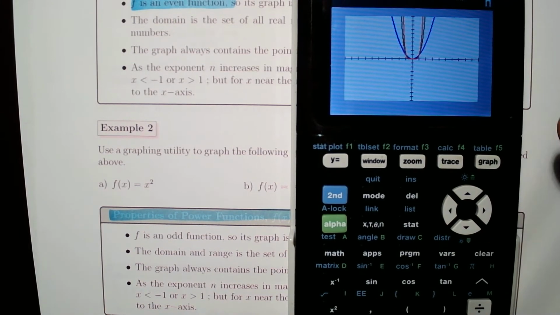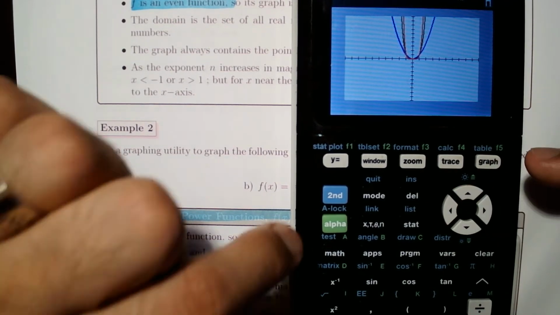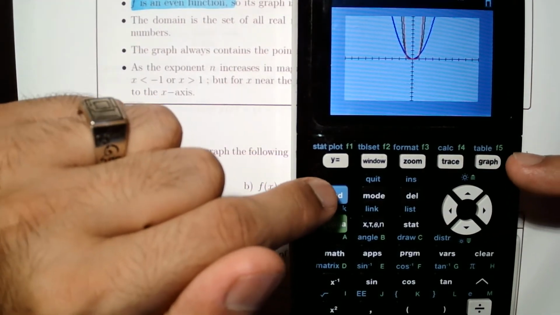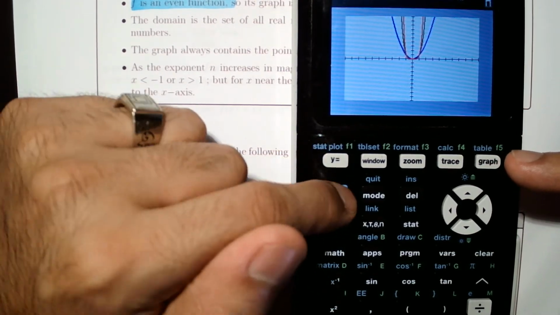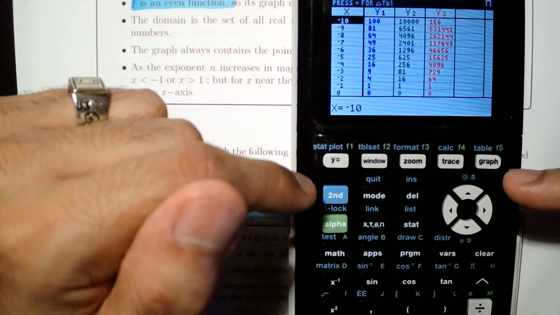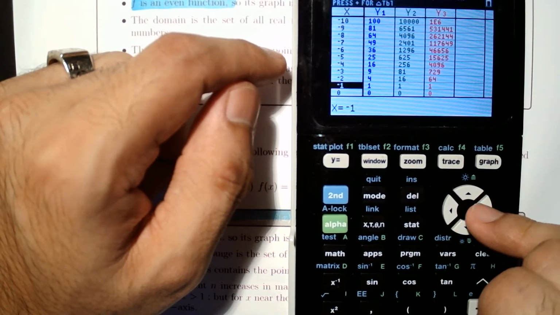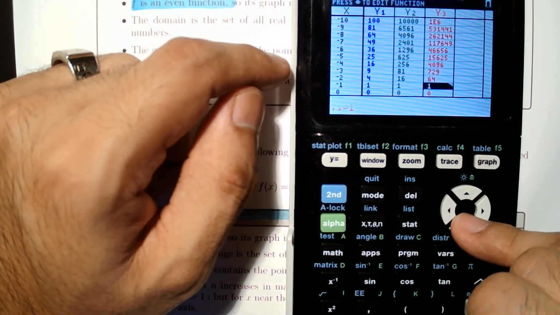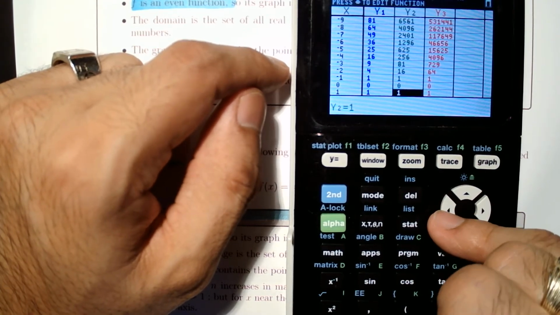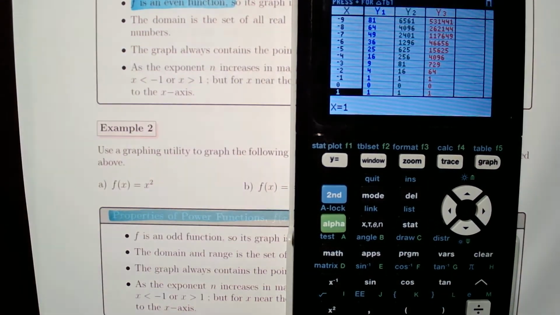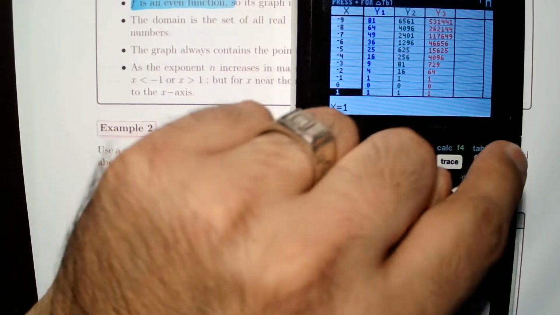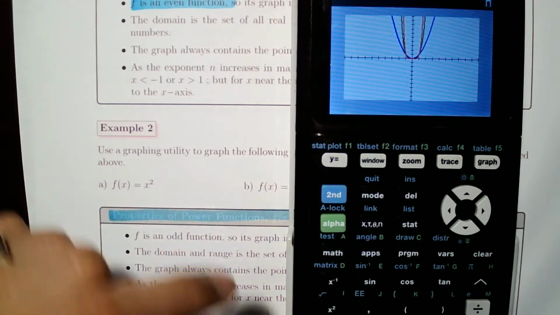And then let's look at the other properties. According to the guidelines here, I'm going to hit second table. The point (-1, 1) is always there, the origin is always there, and the point (1, 1) is always there for all of them. All right, now let's look again at the graphs.